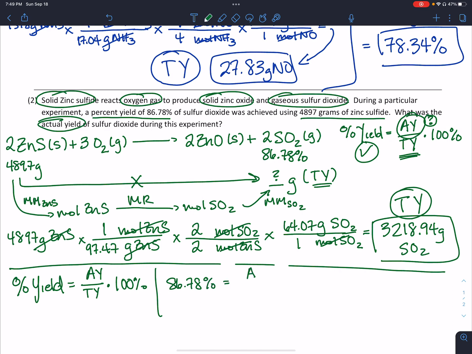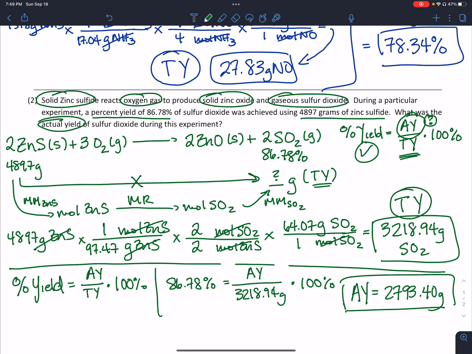Our unknown is our actual yield, and we found that theoretically we should have produced 3,218.94 grams, multiplied by 100%. If we rearrange and solve, we're going to find our actual yield here should have been 2,793.40 grams. So in the lab, that's what we collected, which we then used to calculate that percent yield.